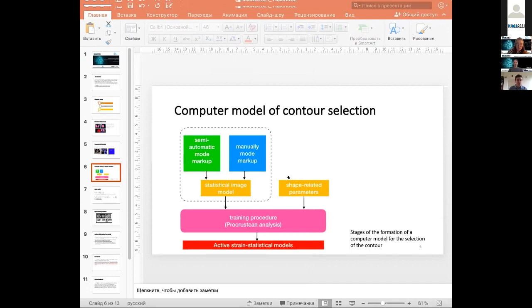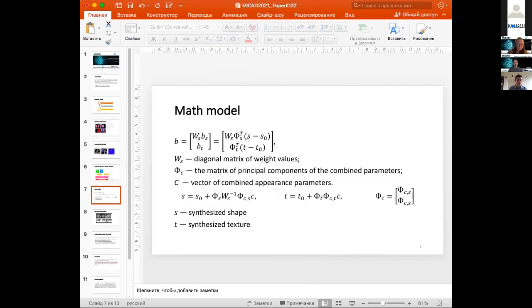In a model of this type, the authors also need to calculate the vectors of combined parameters, which is given by the following formula. There, Ws is the diagonal matrix of weight values that allows balancing the contribution of pixel distances and pixel intensities.